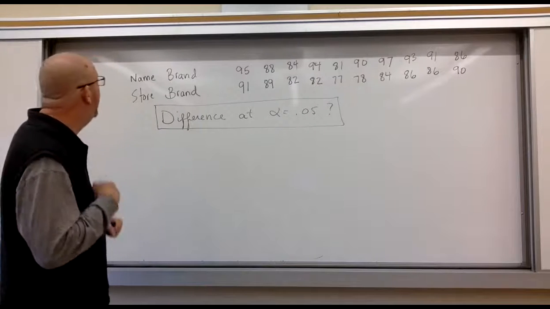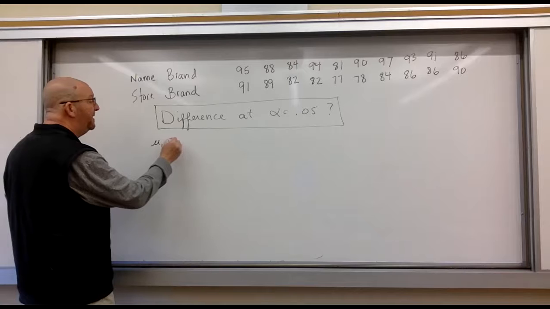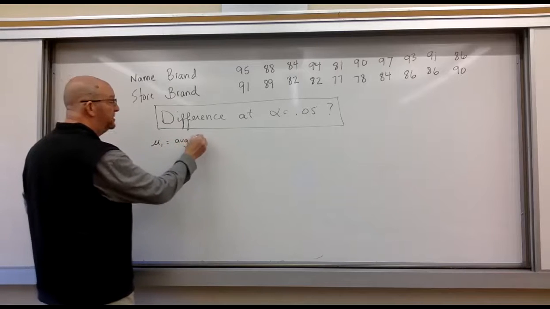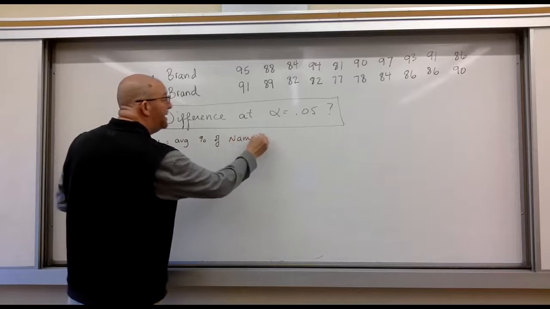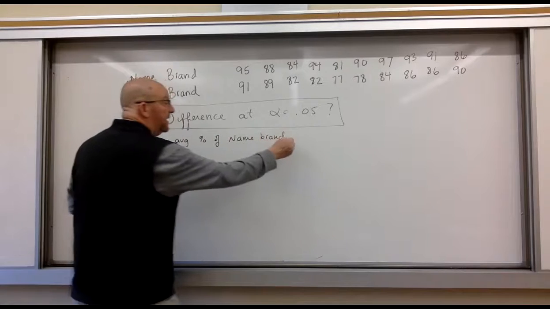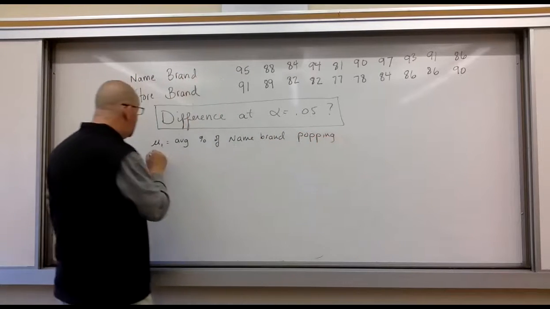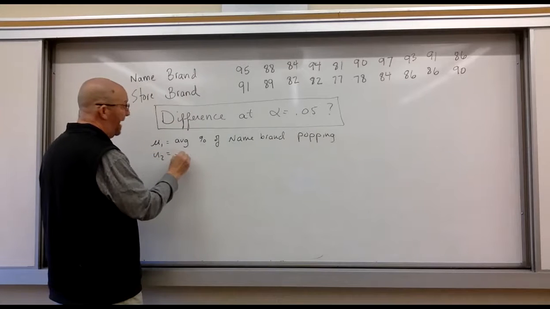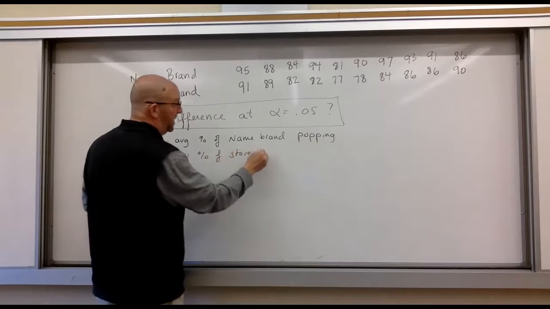What are they? Well, in this case, mu1 will be the average percentage of name brand popping.